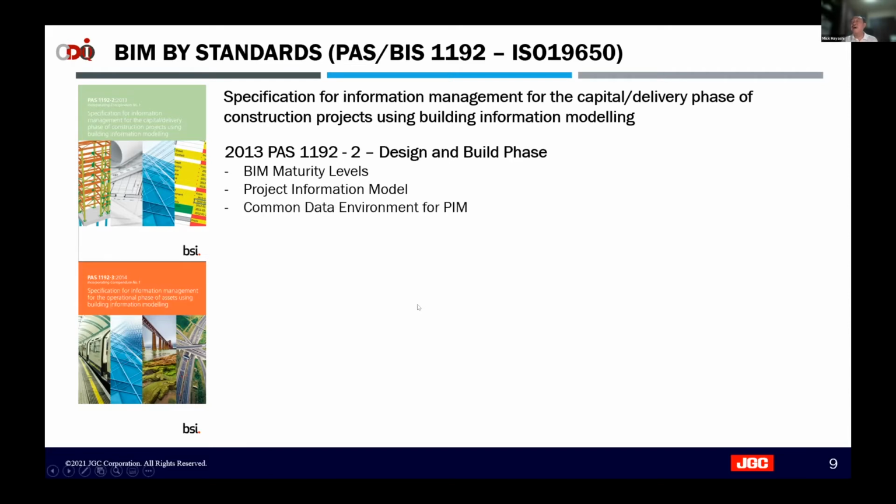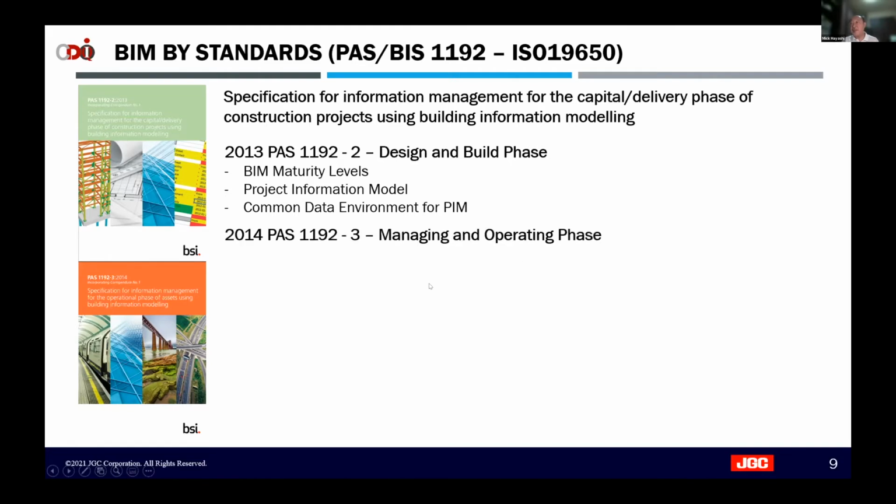Then the common data environment for PIM, project information model. Sometimes we call it CDE. CDE is the data repository to be shared among many parties, a lot of them stakeholders, right? Then sharing decision making. Well, this is the foundation for BIM.